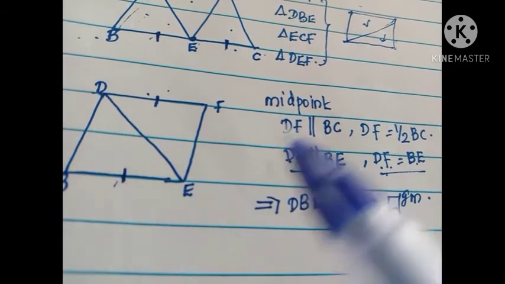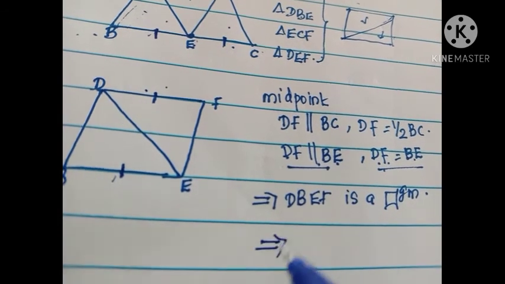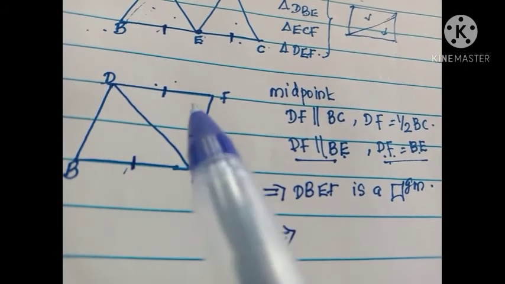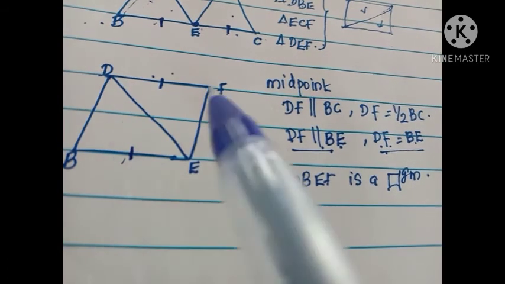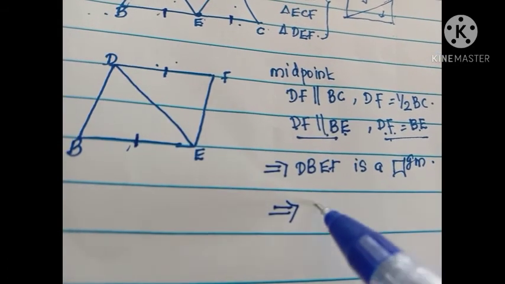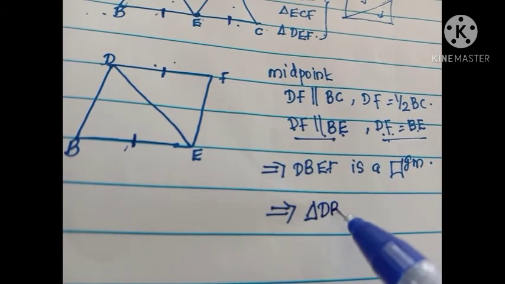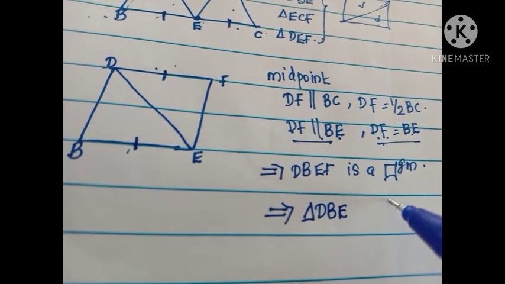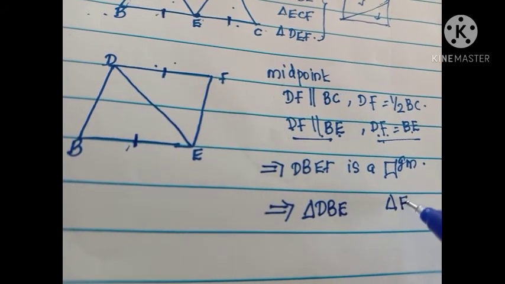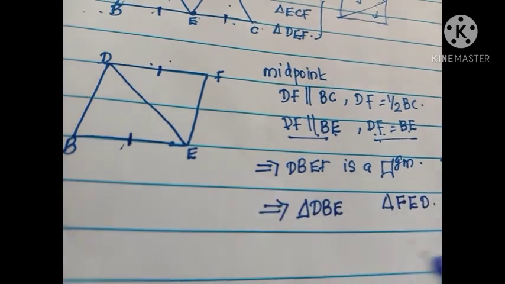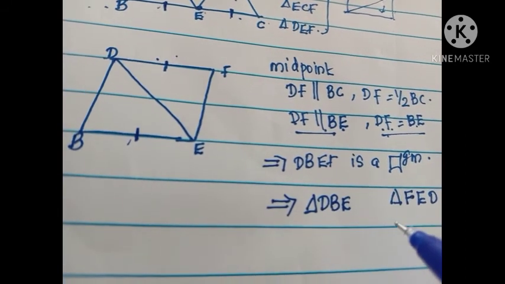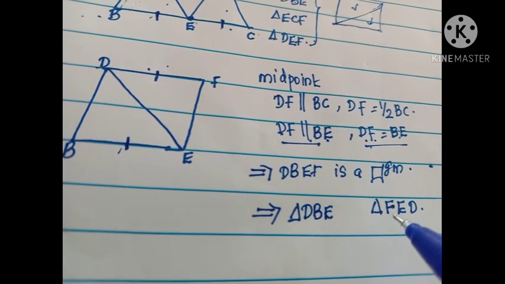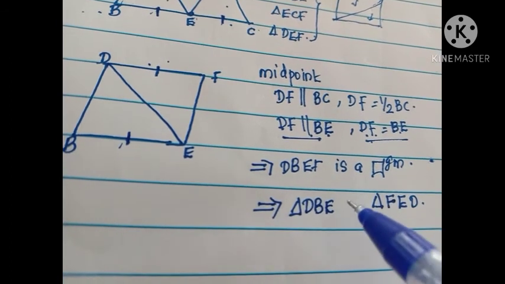Now DE is a diagonal. So this diagonal divides the parallelogram into two congruent triangles. So listen, triangle DBE is congruent to triangle FED.